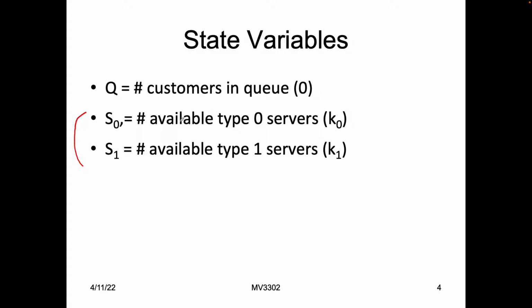And then, okay, what else could cause it to change? Well, it could start service on its preferred server, and I'm going to say start service on the 0th one, or it could start service on the other one, the unpreferred one.